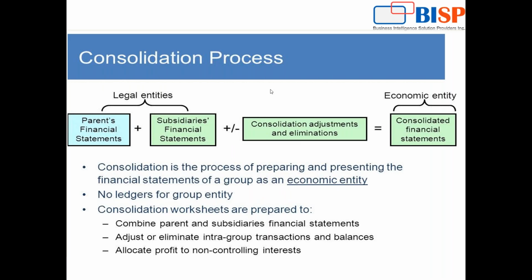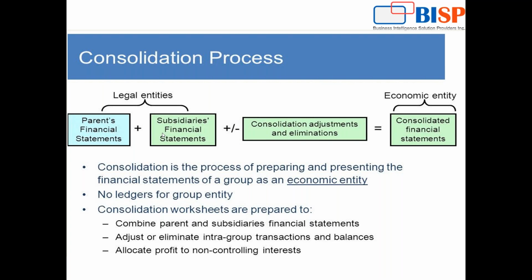So the consolidation process. In the consolidation process, we have the parent financial statement numbers. In a similar manner, we have the subsidiaries' financial statement numbers, and we are merging the numbers of both the entities, or one parent entity, and there can be multiple subsidiaries.